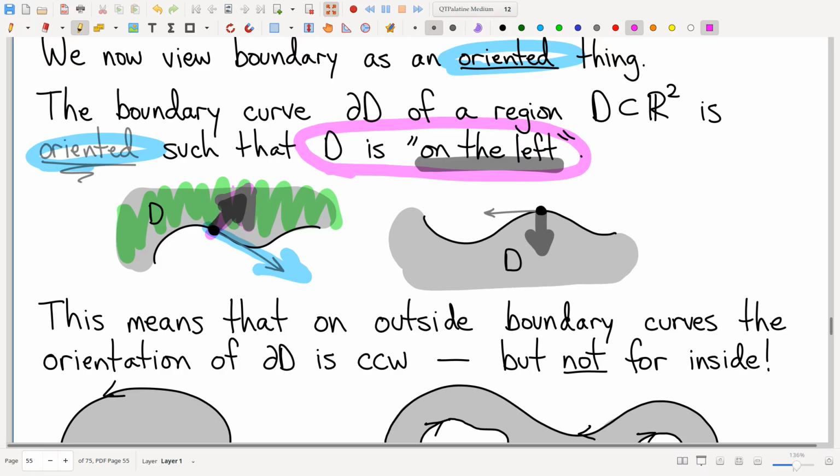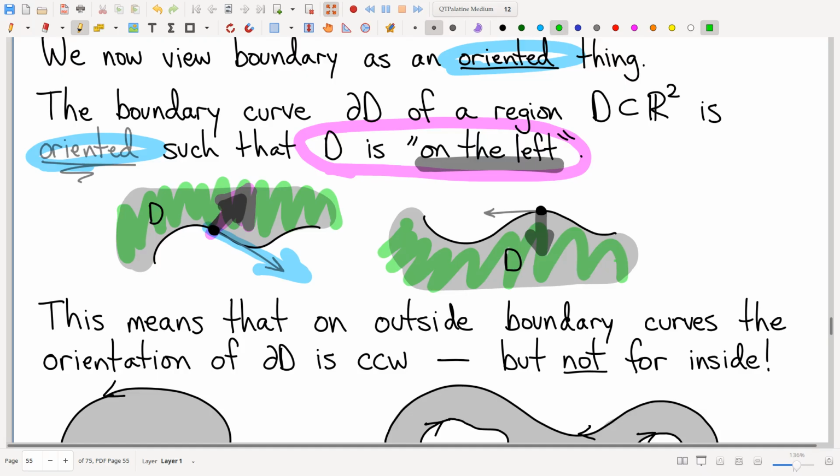So notice if this is me walking along, maybe this green region is a nice pretty grassy field, and I'm walking along the boundary of that field. As I walk along here, going that way, notice the region is on my left. That makes sense to everybody? And of course, you can't say that it'll always be as in this picture here.